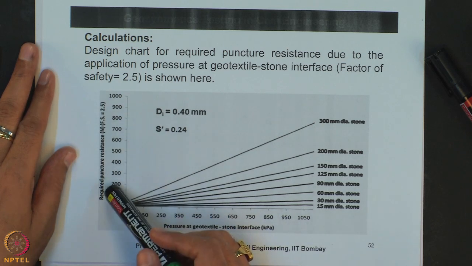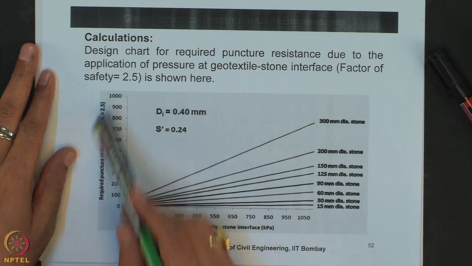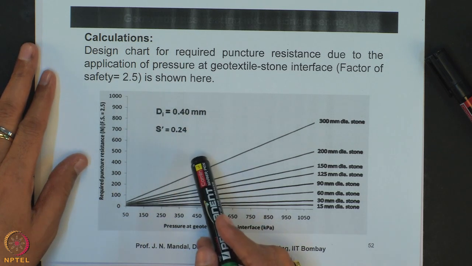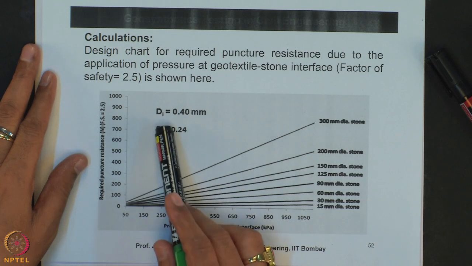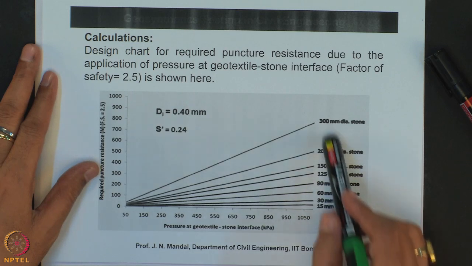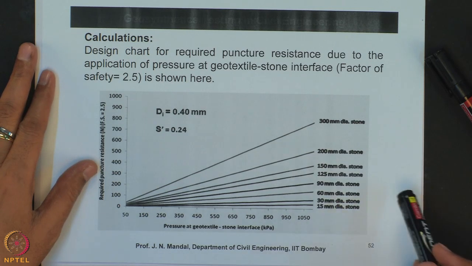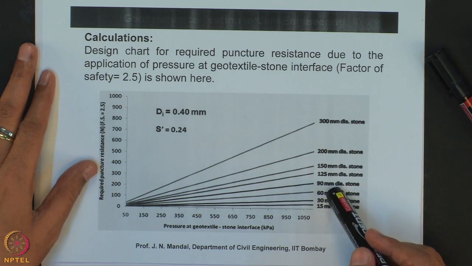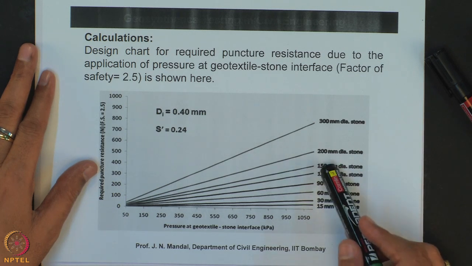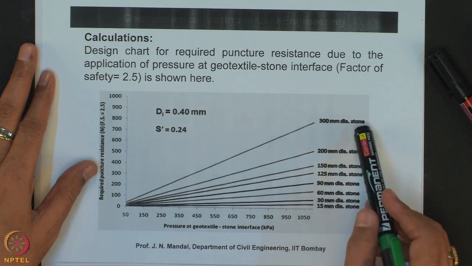And the y axis is the required puncture resistance with a factor of safety of 2.5. And d of I, I mentioned, is 4.40 millimeter, shape factor S dash is equal to 0.24, and these are the different diameters of the stone. Suppose you use 15 millimeter diameter stone, 30, 60, 90, 125, 150, 200 or 300 millimeter diameter stone.